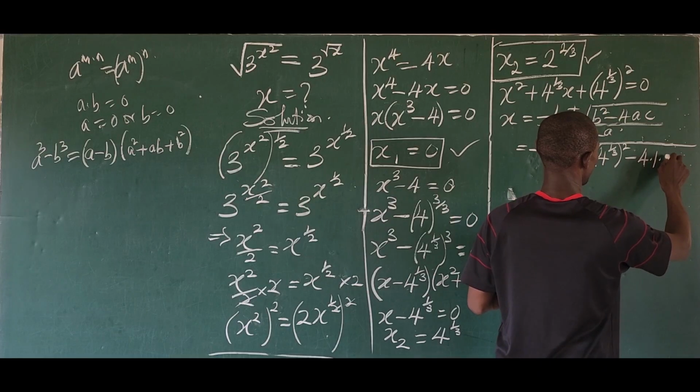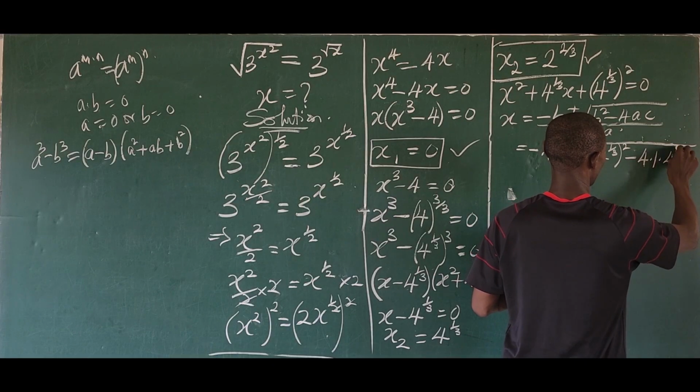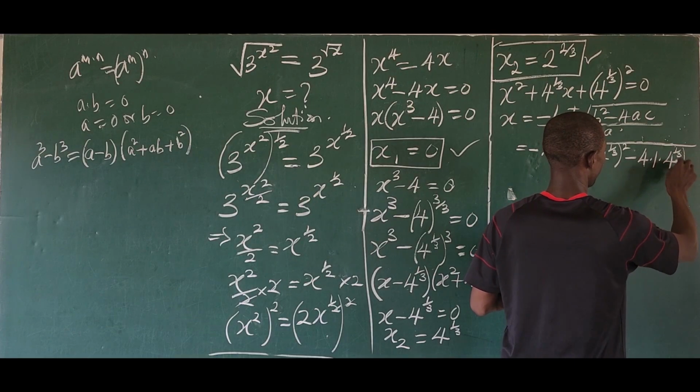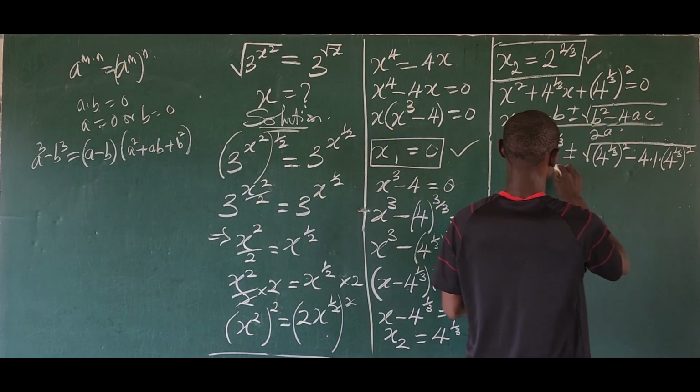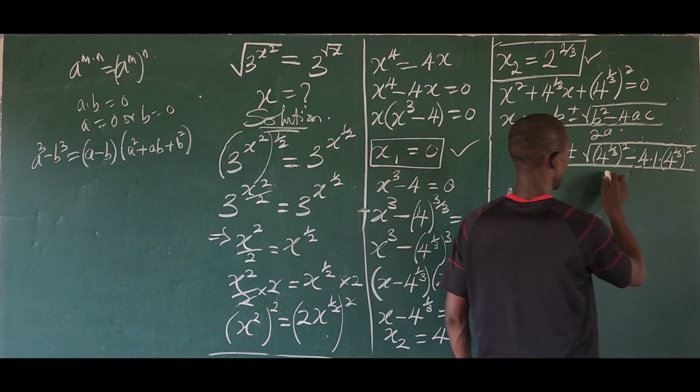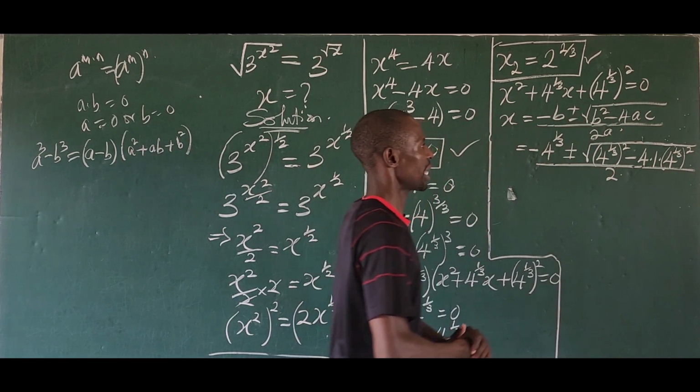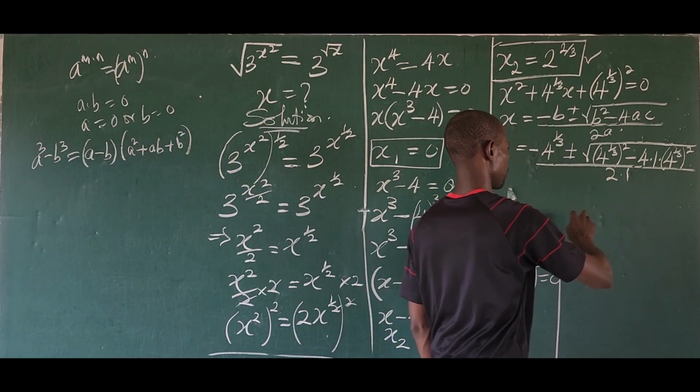So let's put down our C as 4 to the power of 1 all over 3 all raised to the power of 2. Everything all over 2 times 1. So 2 times 1 will give us 2.